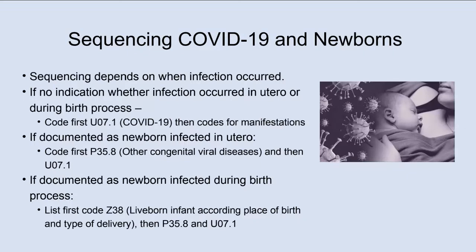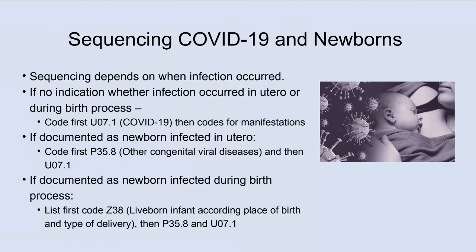Okay, COVID and newborns. Sequencing depends on when the newborn contracted the infection, if known. If there's no indication whether an infection occurred in utero or during the birth process, code U07.1 and then codes for manifestations.